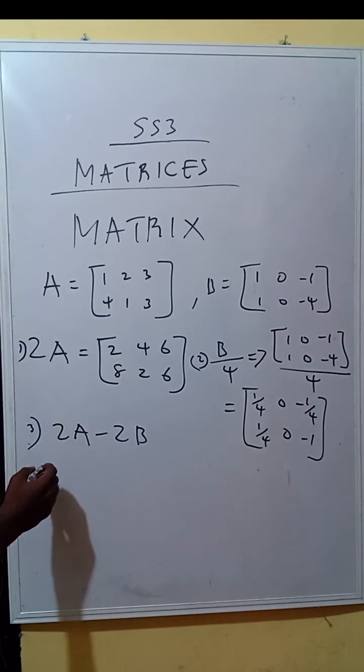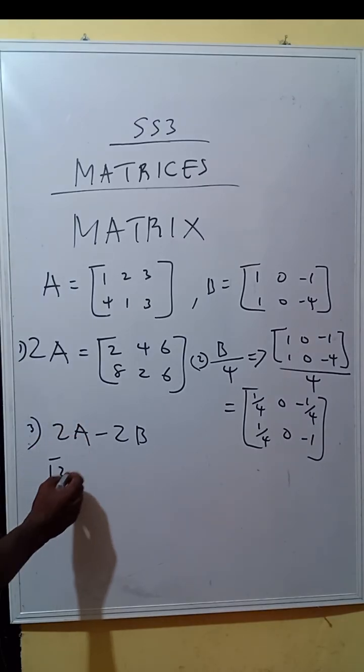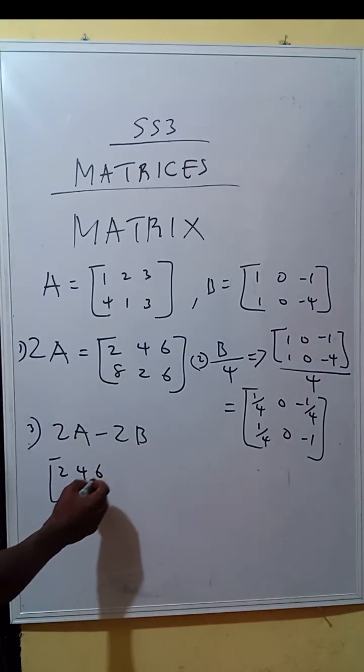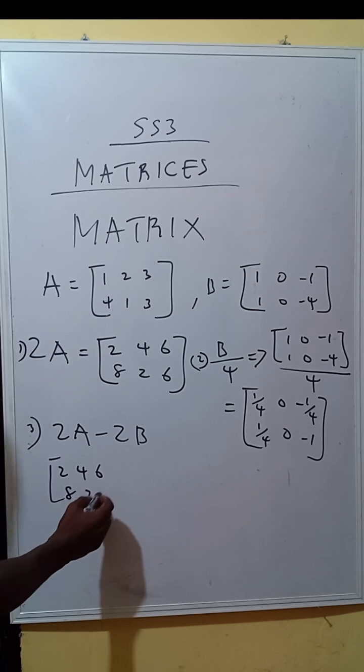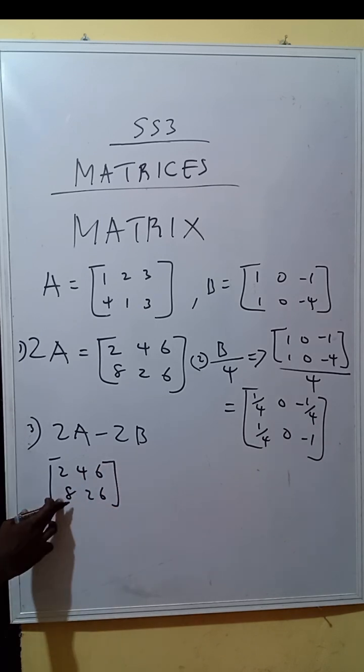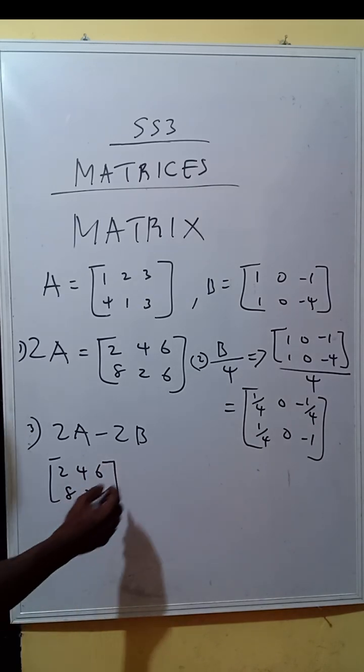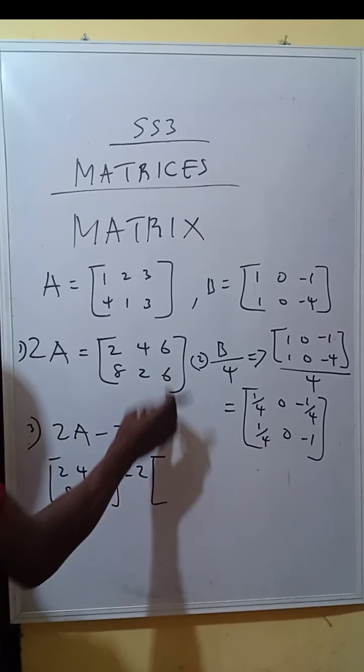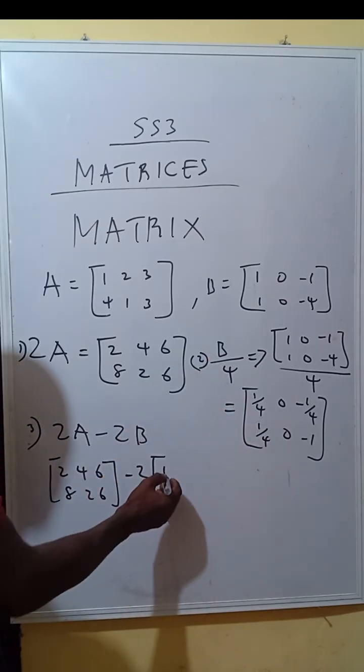We have done 2A. This is the result of 2A: 2, 4, 6, 8, 2, 6, right? Minus 2B. I've not multiplied B by 2, so I'm going to do this.